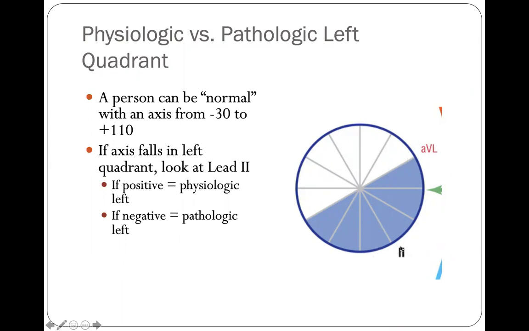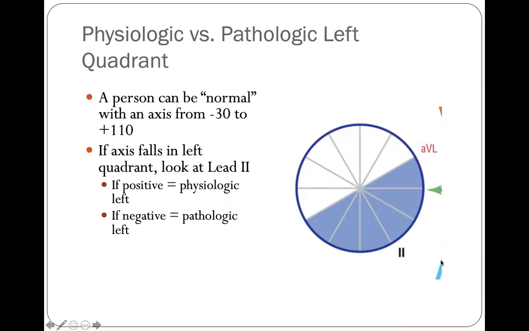So when we look at lead 2, this blue portion of the circle would always be positive, and this white portion of the circle would always be negative. We're only interested in this one little quadrant here, but notice that from 0 to negative 30, lead 2 would be a positive lead, and from negative 30 to negative 90, lead 2 would be a negative lead.